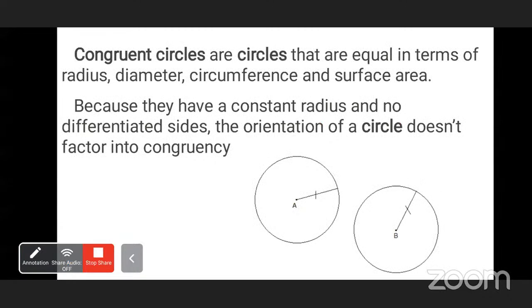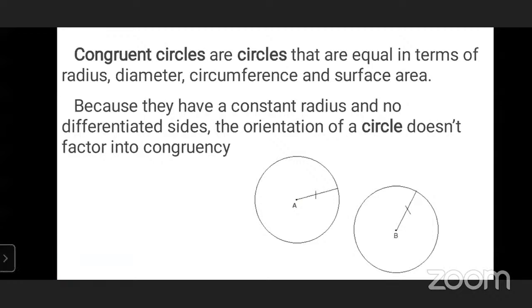Congruent circles are circles that are equal in terms of the radius, diameter, circumference, and the surface area, because they have a constant radius and no differentiating sides, and the orientation of the circle doesn't factor into the congruency.